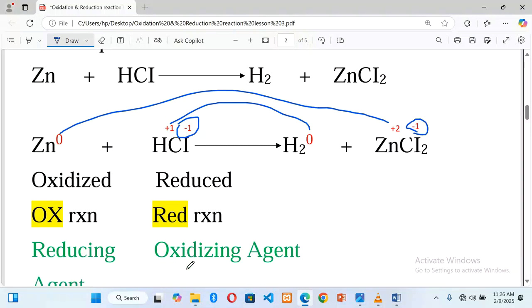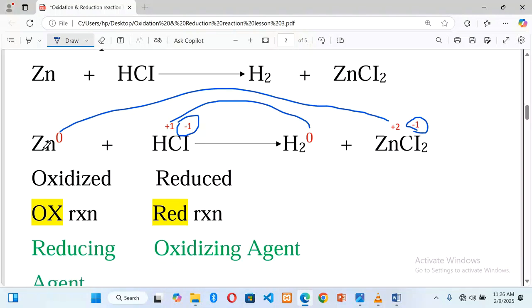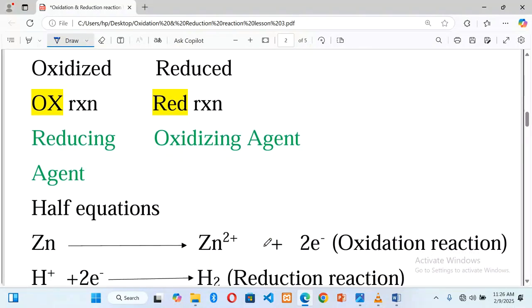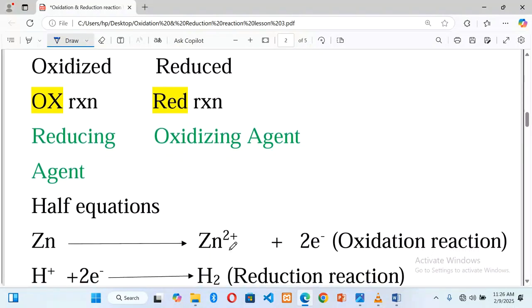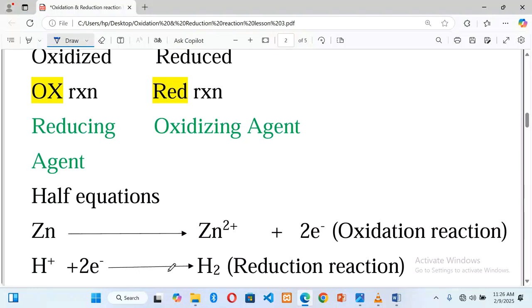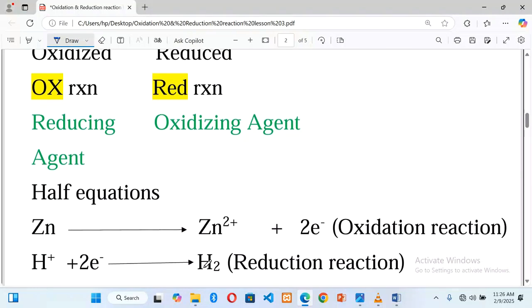So in the half equation, we shall have zinc forming zinc ion and then hydrogen forming hydrogen gas. So we have the half equation where zinc forms zinc ion plus 2 electrons. The removal of electrons, and we say that is oxidation reaction. While hydrogen ions receive 2 electrons to form hydrogen gas, and we're saying this is reduction reaction.